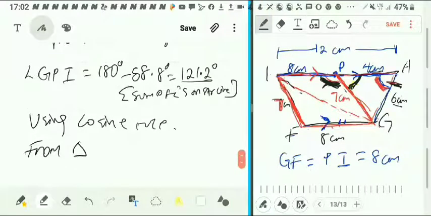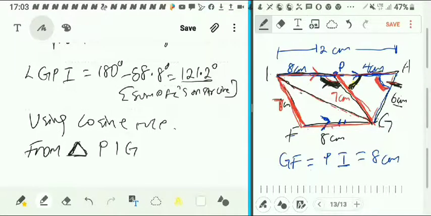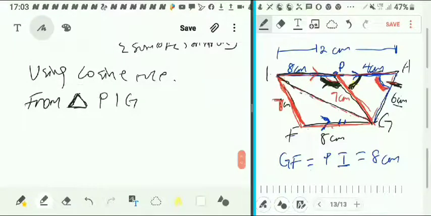So you see why I was saying that you use the sine and cosine rule to dissect complex shapes into triangles. So from triangle what now? Triangle PIG. So from triangle PIG, I want to get P square, which is opposite this. Because that's what I'm looking for. That's GI. P square is equal to GI. So P square equals what?